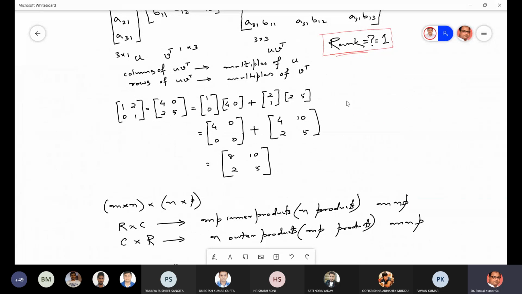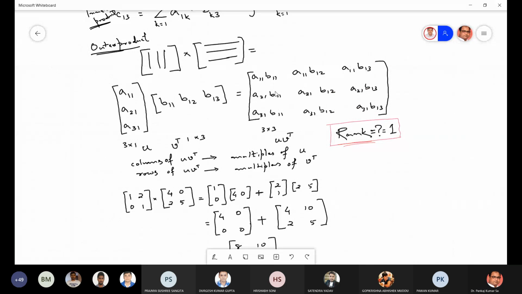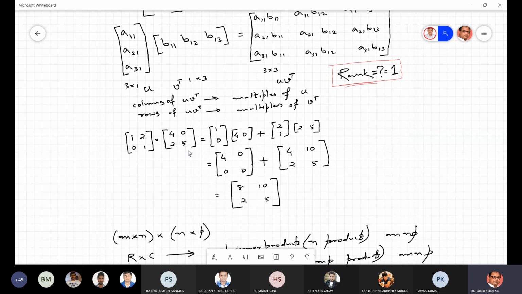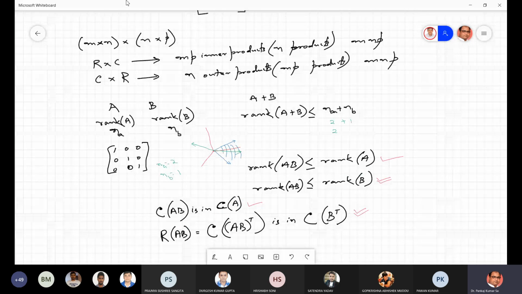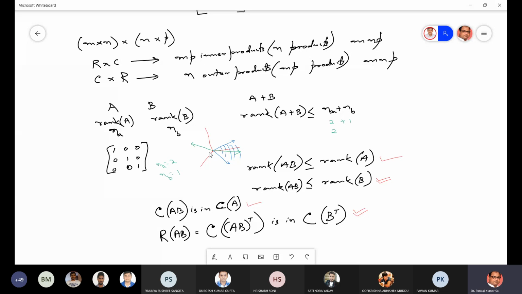This is what the entire concept is. Multiplication of two matrices is nothing but a series summation of rank 1 matrices. Now you have rank 1, that means only one vector that you need to play with.